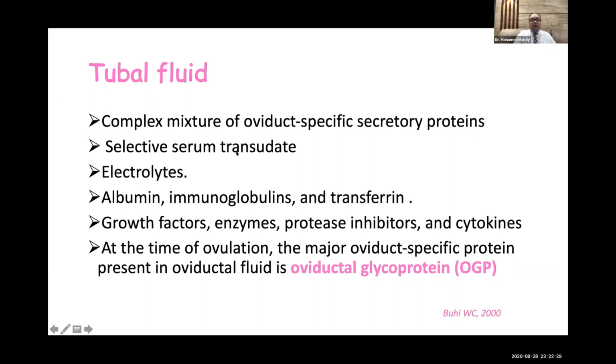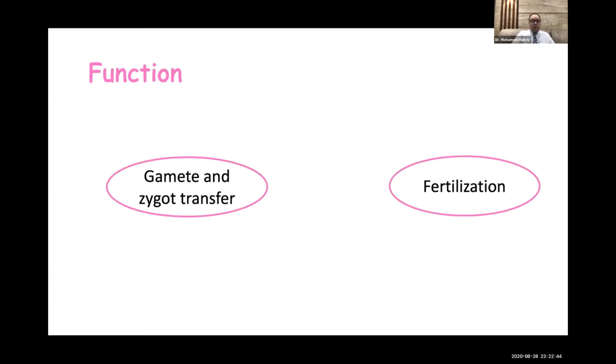It contains serum transudate, electrolytes, albumin, immunoglobulins, transferrin, and a specific glycoprotein that is released during ovulation, which is the oviductal glycoprotein, which has a role in fertilization. So the function of the fallopian tube is gamete and zygote transfer to and from the uterus, and fertilization in the ampullary part of the fallopian tube.